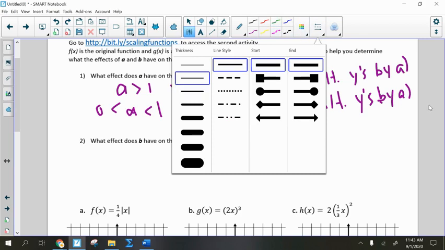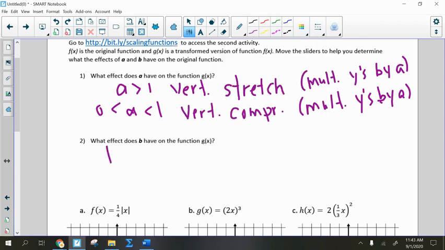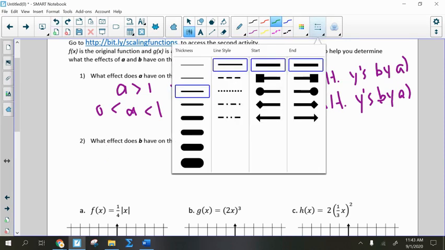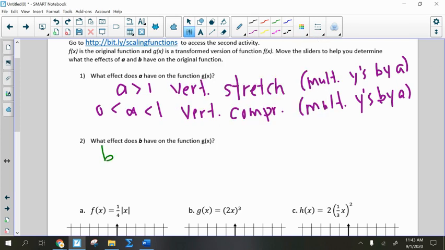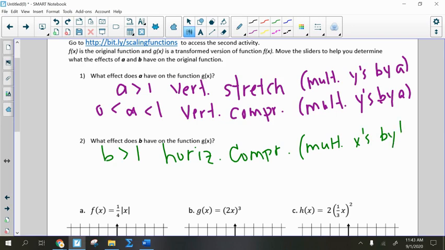So let's write this down. If B is bigger than 1, then this will be not a horizontal stretch, but a horizontal compression. And you won't be multiplying the x's by B, you will multiply the x's by 1 over B, because it has to get smaller.